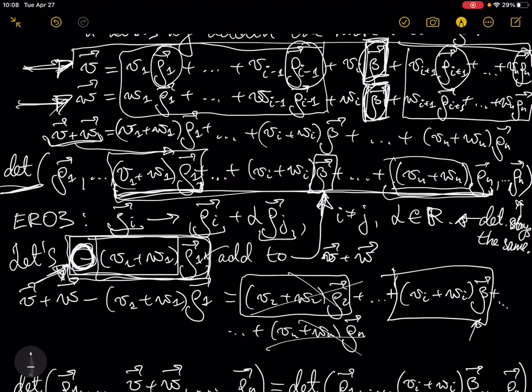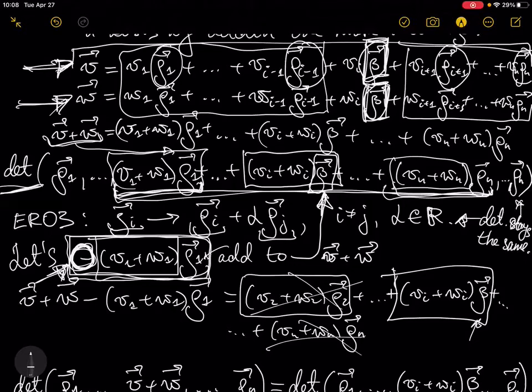Yeah, I understand. But I don't have this beta between other rows, right? It's just itself. Yes, it's just itself because it's linearly independent with other rows. Okay, I guess that's what I had asked. Is it because it's linearly independent that you can't subtract it?